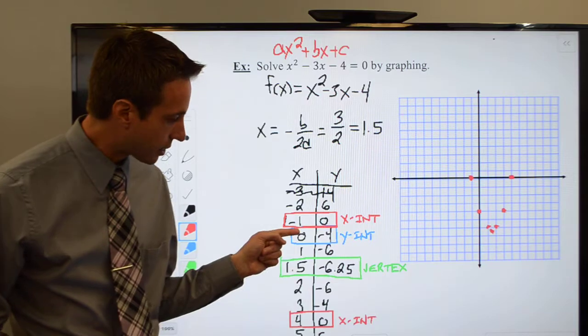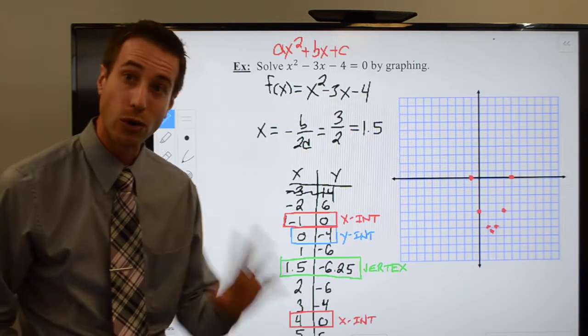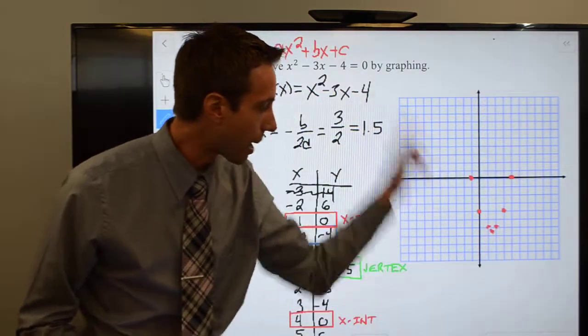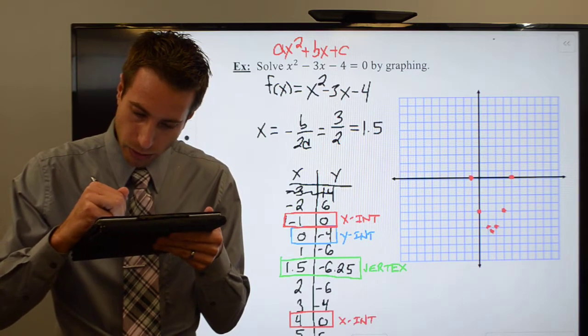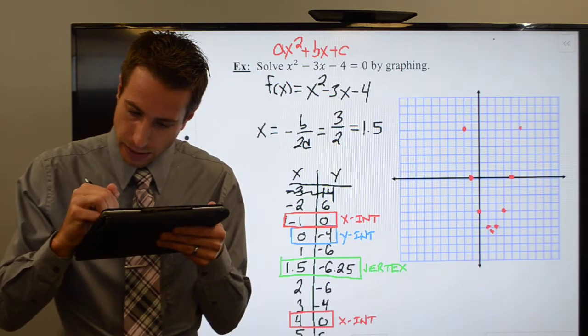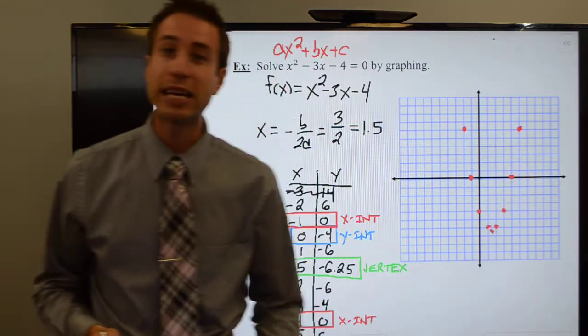Again, because -1, 0 and 4, 0 are mirror images of each other, right? When I draw my parabola, -2, 6, and 5, 6. And then what we'll do is go ahead and draw my parabola through each of those dots.